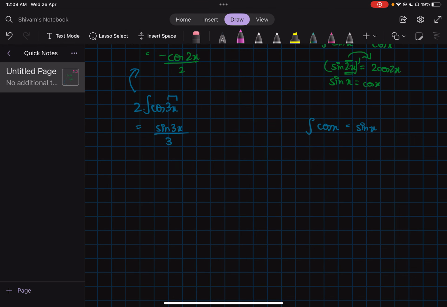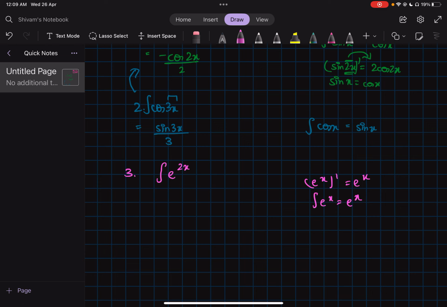So the third question is e raised to power 2x, right? You know the function e to the x is a special function because both its derivative and its integral is itself.